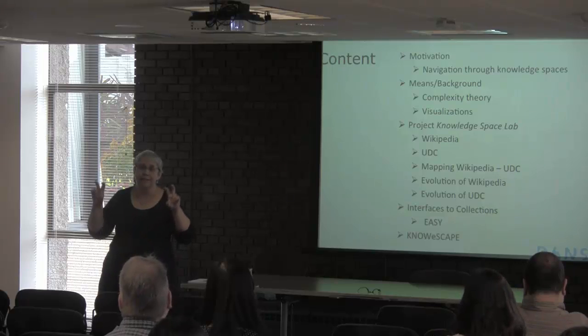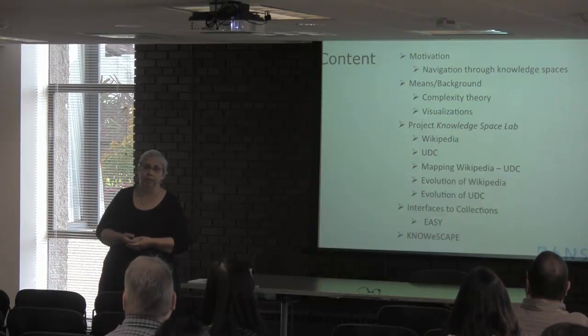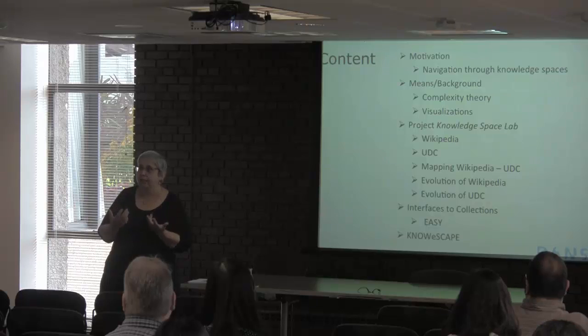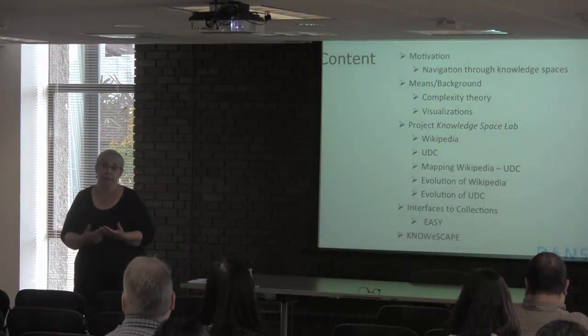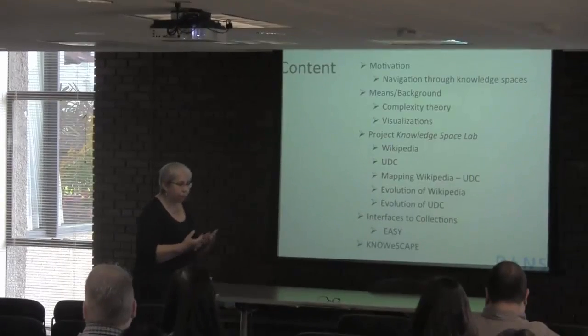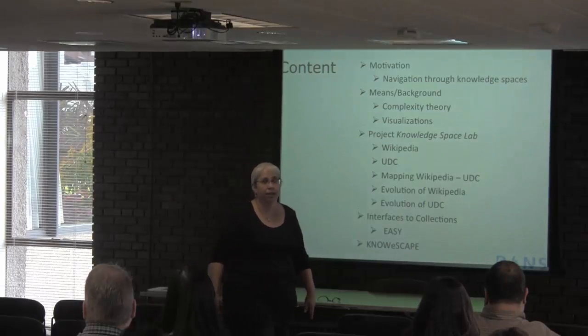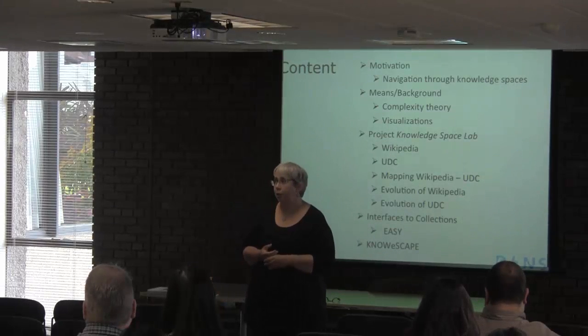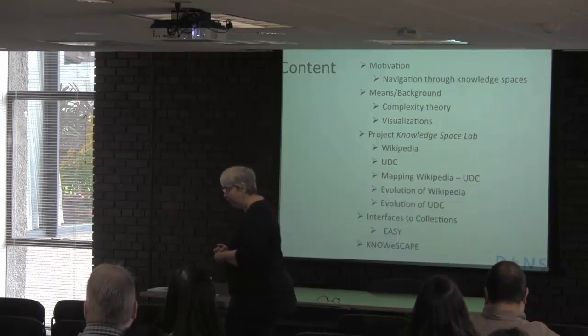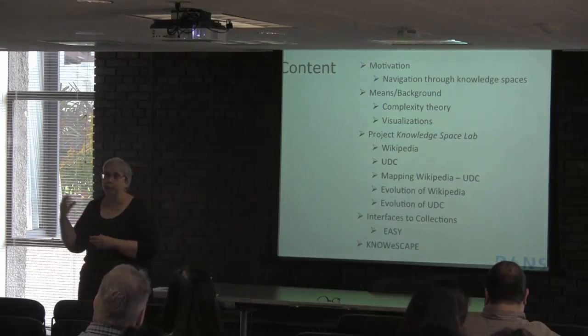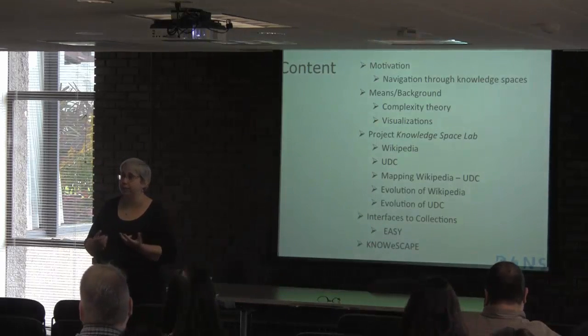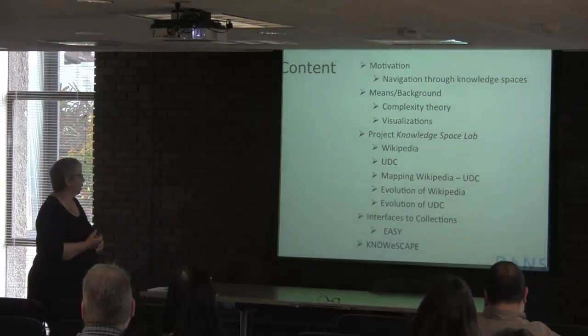It is a designed classification. It is something editors still keep thinking about and care about, while the Wikipedia category structure is kind of grassroots, emergent, and I'll tell you in a minute how. So this is like taxonomies versus folksonomies. That was at the heart of this project.